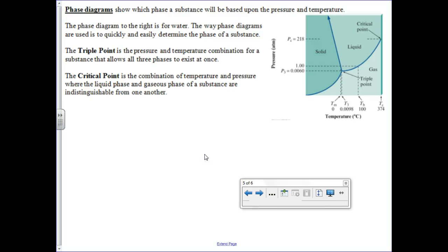In other words, if you have too high of a pressure and extreme temperature, liquid and gas are no longer distinguishable, and there's not a nice, well-defined line separating them on our graph. Sounds kind of cool, but it's tough to visualize. Because obviously at normal conditions, it's very obvious what's a liquid and what's a gas. So to reach a point where they're indistinguishable, I don't know what that looks like.